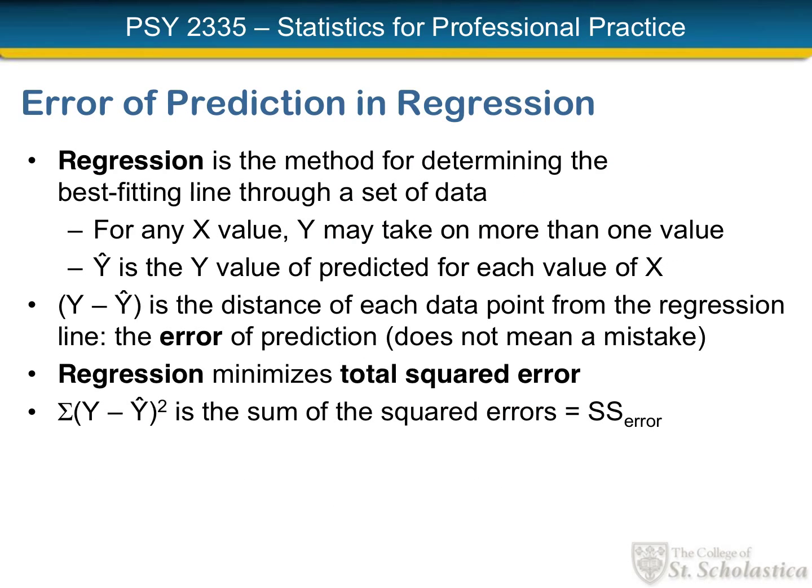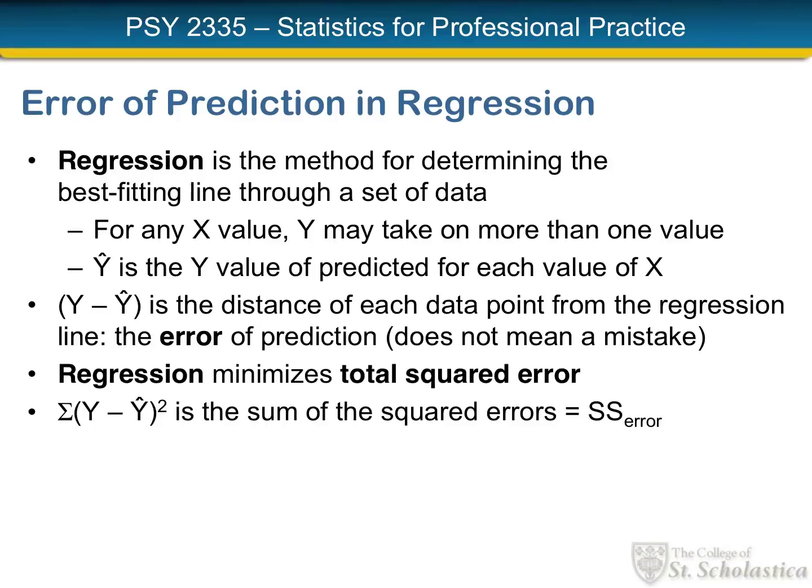As we saw in the last video, regression is the method for determining the best fitting line through the data, and the criteria that's being used is the predicted value minus the actual value, and that whole thing squared for each of the data points. And the regression line minimizes that total squared error.